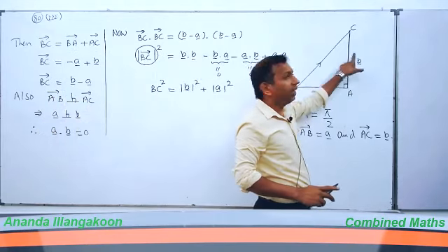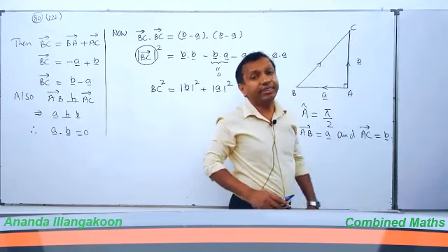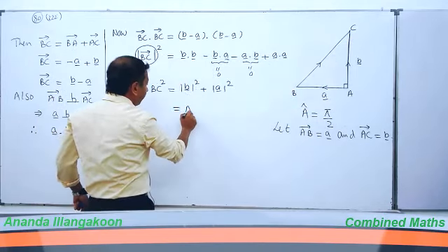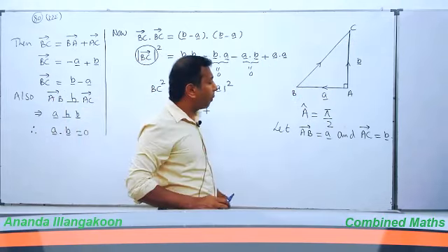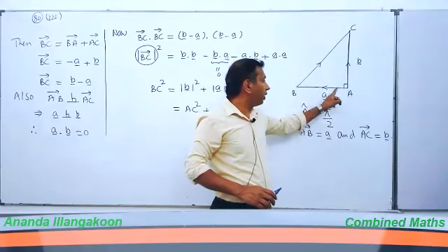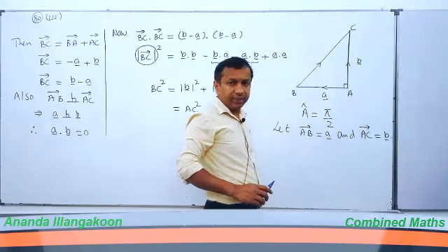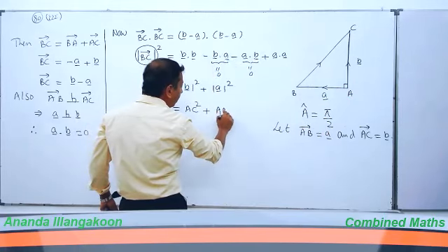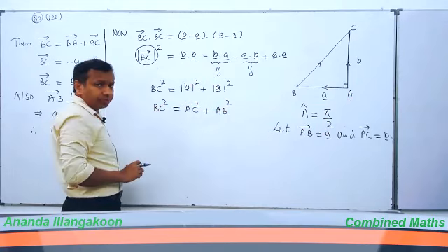Vector b means the AC vector. Its modulus means AC length. Therefore, this is AC length perfect square plus mod a perfect square. a is this vector. Then the modulus of this vector means AB length. Then mod a means AB length. AB length perfect square is equal to BC square.